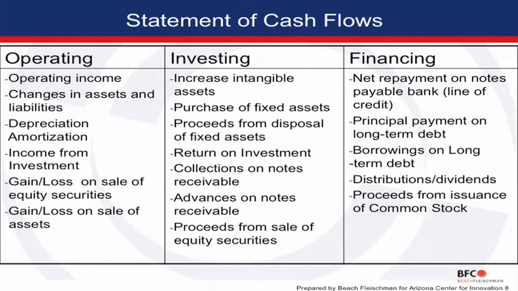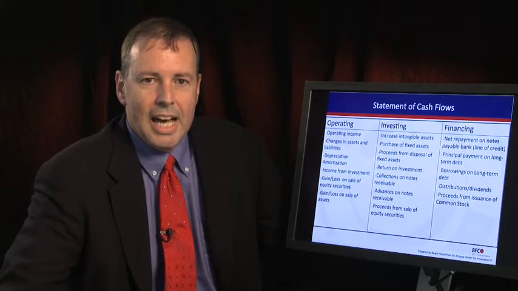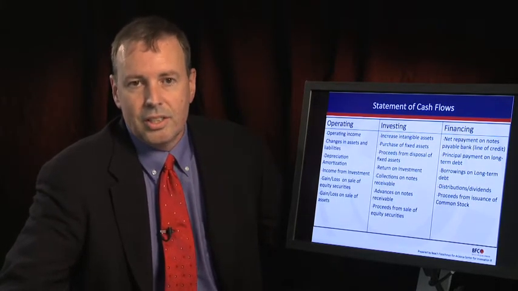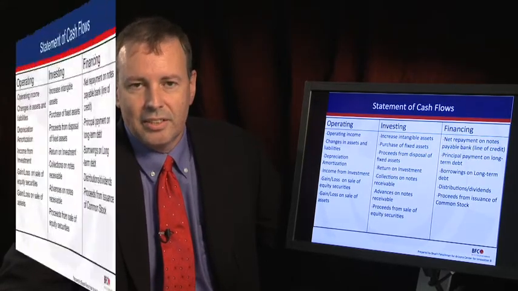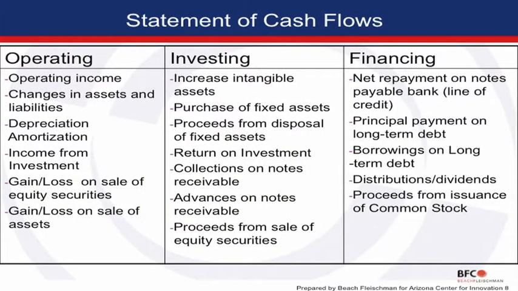So for example, you could have $100,000 of net income, but if you have accounts receivable and your accounts receivable went from $50,000 to $200,000, you haven't necessarily generated any cash through operations. Essentially, you've used cash in your operations because the accounts receivable are not collected and converted into cash yet at our measurement point.